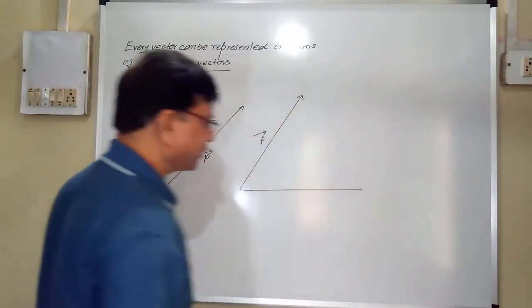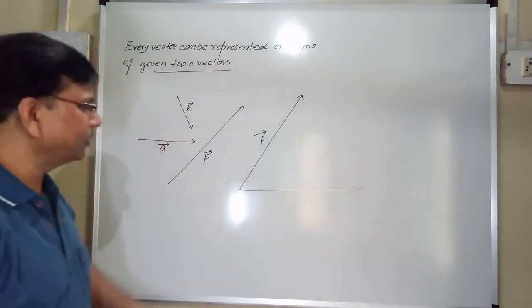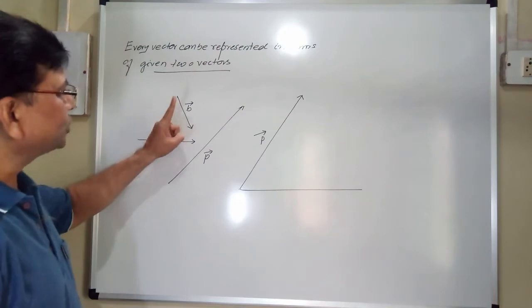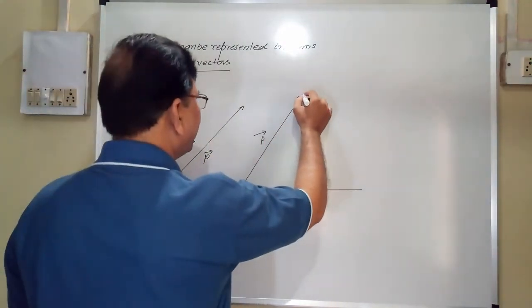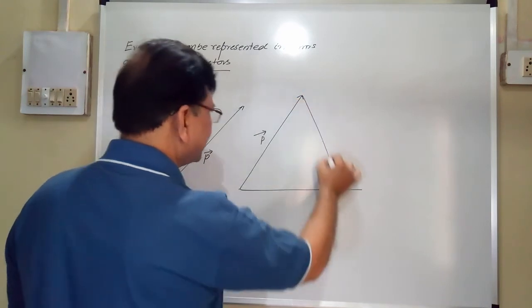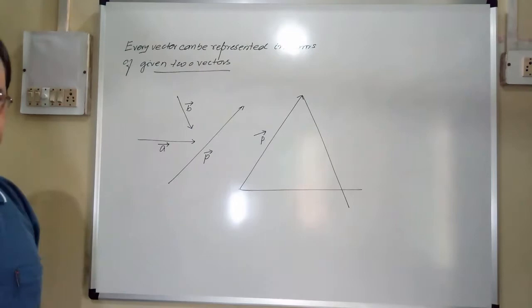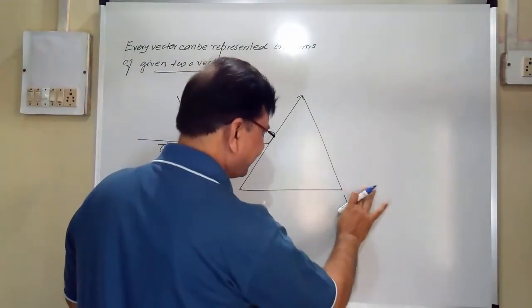This is the line I have drawn. It is parallel to the vector A. And the vector B is given. So I will draw a line parallel to vector B from here. Suppose I have drawn this line. This is parallel to B. And this part I will rub off.